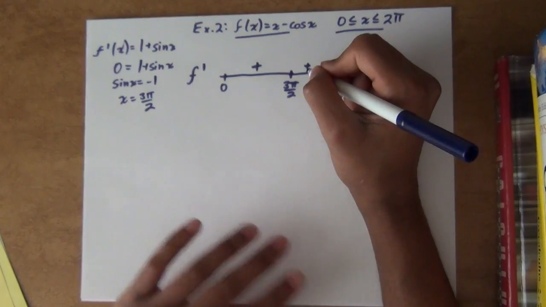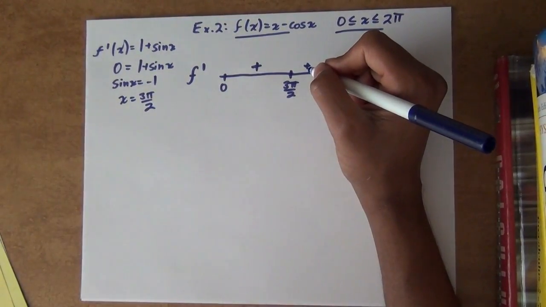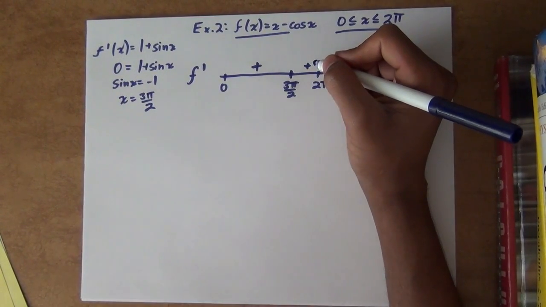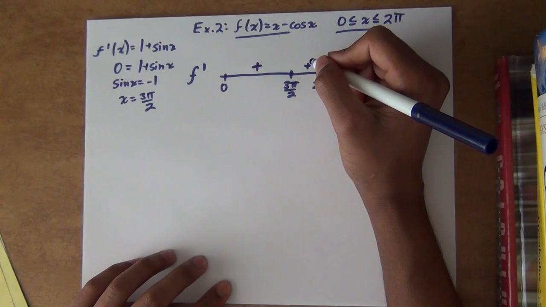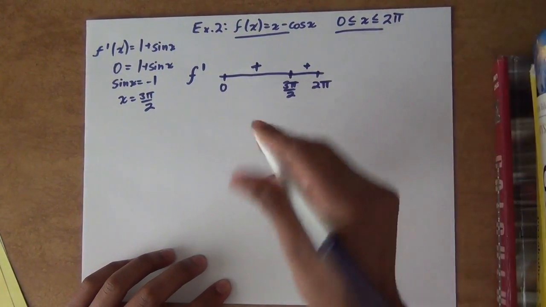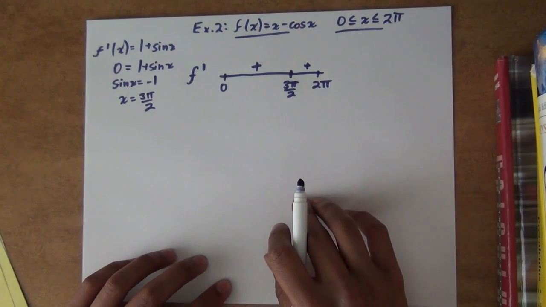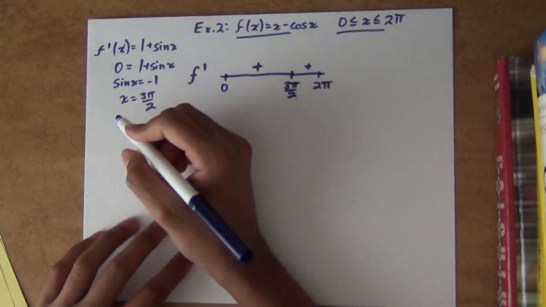So the first derivative's increasing, so the function is increasing throughout, so there are no maximum or minimum values on this interval. There are no relative maximum or minimum. 0 and 2 pi are the endpoints, so they may be maximum, minimum values there.